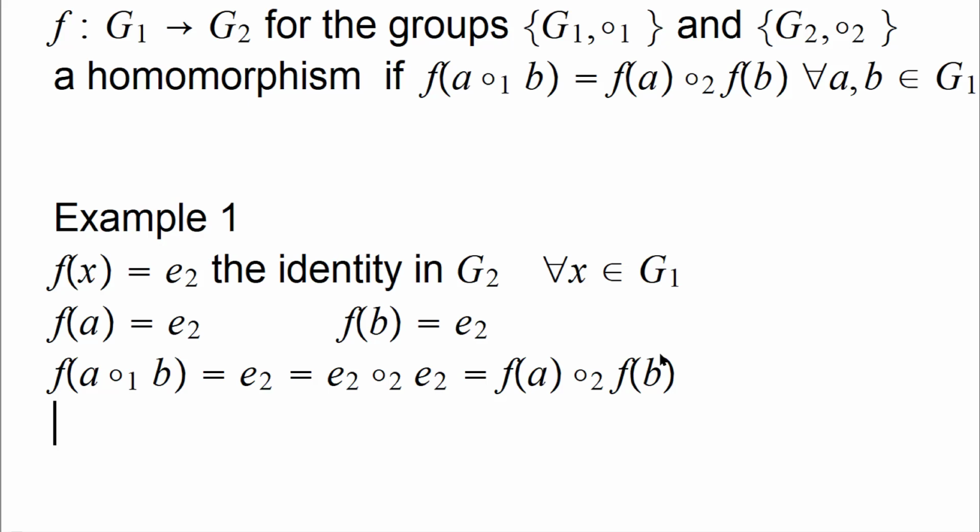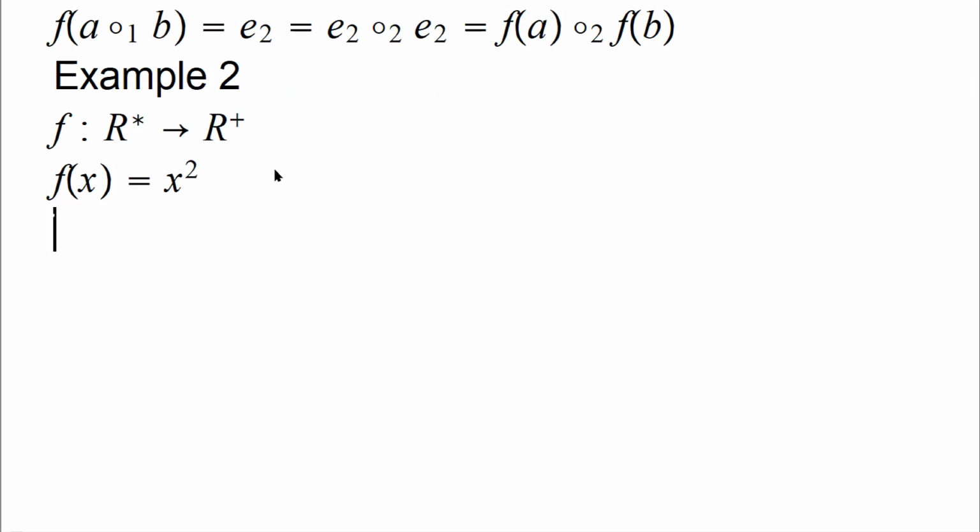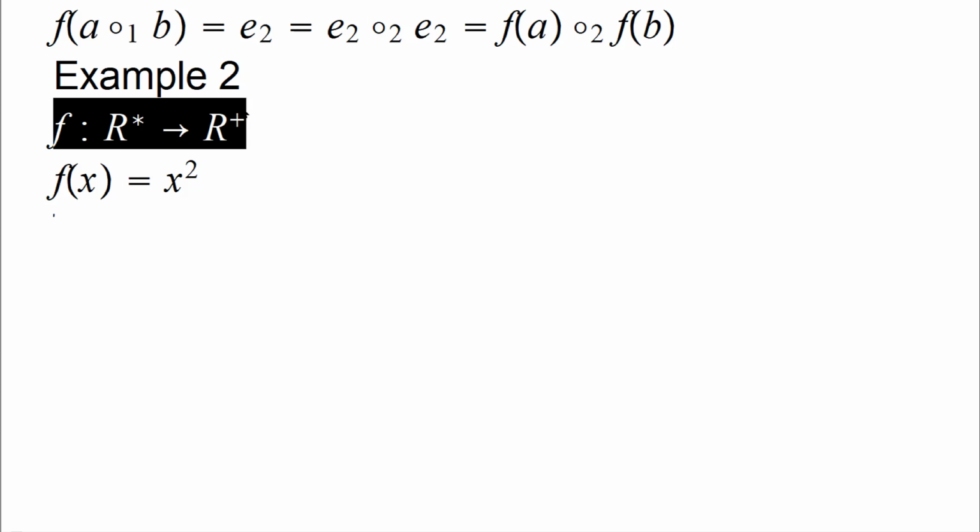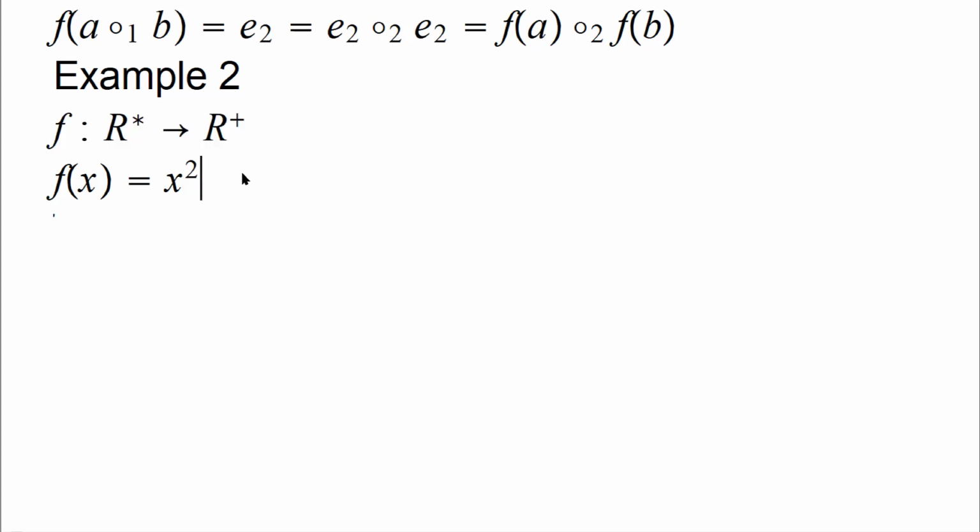Now let's look at some other examples of homomorphisms, and right now we will look at the ones that are not one-one onto, or not bijective, because the ones that are, we have seen before when we took isomorphism. In a similar manner, I can take a map from R star, the non-zero reals, to R plus, the positive reals, both with respect to multiplication of real numbers.